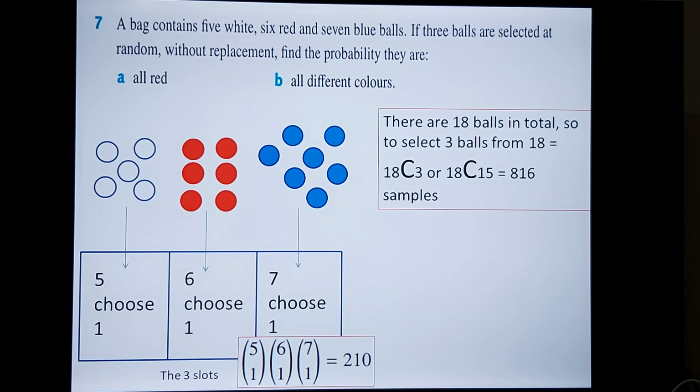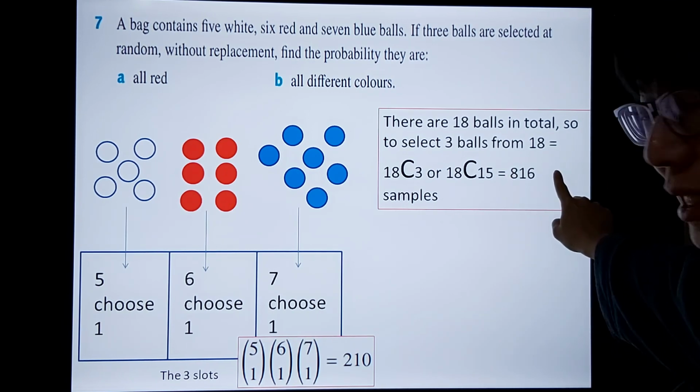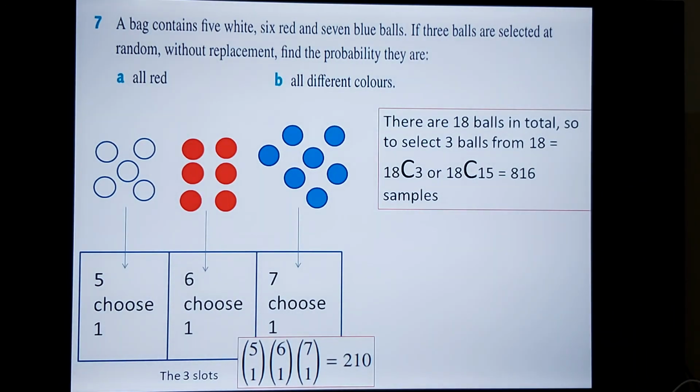But there are 18 balls in total. So to select 3 balls from 18 balls, there are 816 samples. So this is the total, the denominator, and this will be your numerator. So you divide them, you get your probability of selecting all 3 different colored balls.